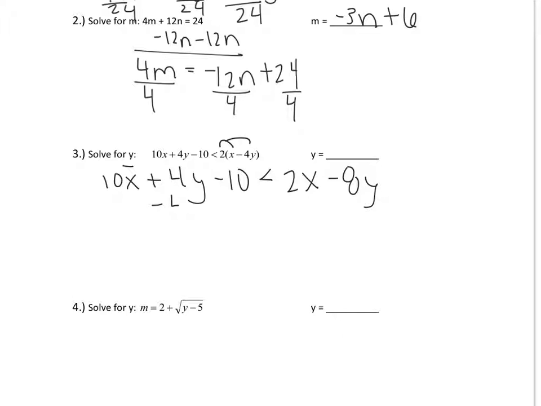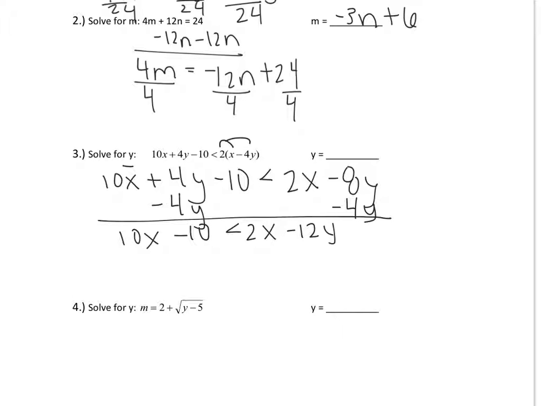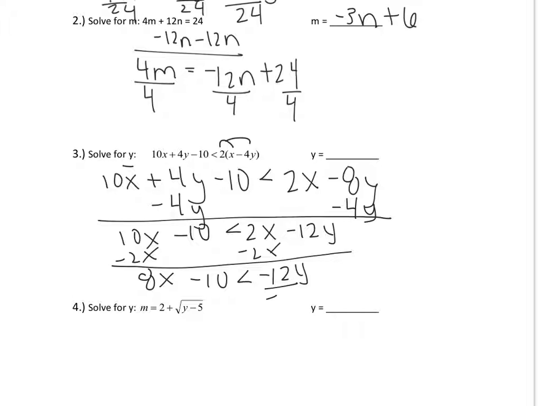So I'm going to subtract 4y from both sides. So I get 10x minus 10 is less than 2x minus 12y. And then I'm going to subtract 2x from both sides. And I get 8x minus 10 is less than -12y. And then I'm going to divide everything by -12.